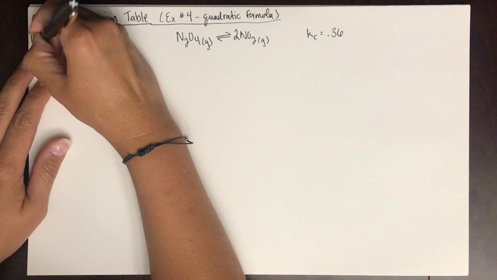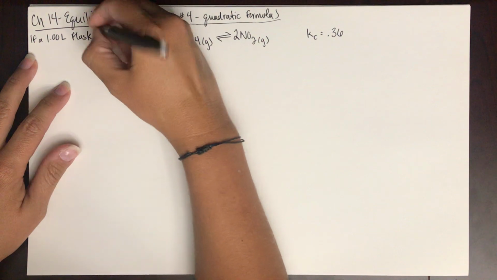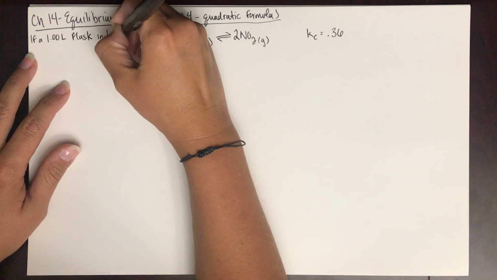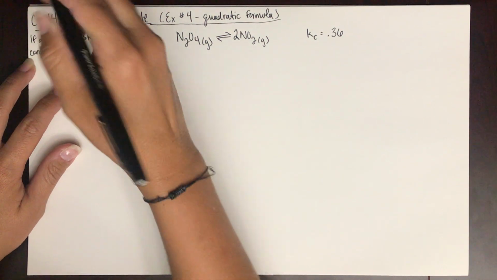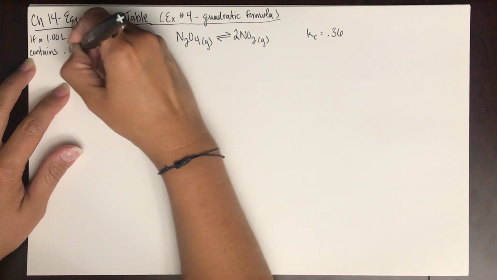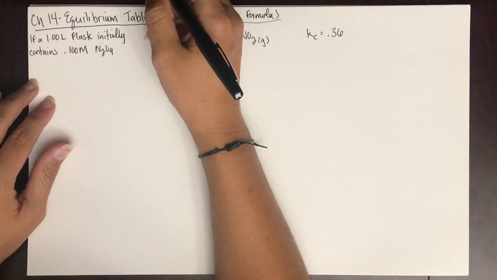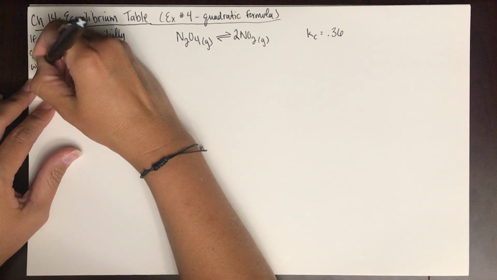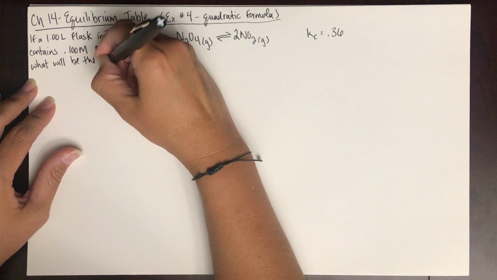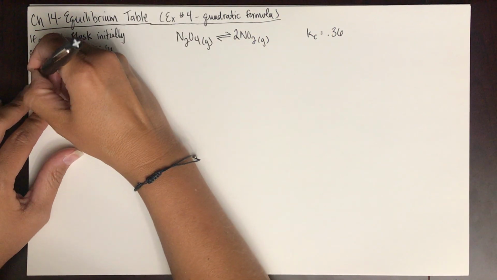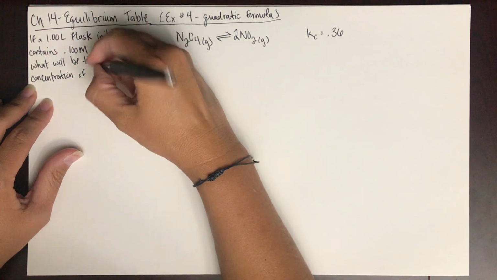If a 1.00 liter flask initially contains 0.100 molar dinitrogen tetraoxide, what will be the equilibrium concentration of nitrogen dioxide?